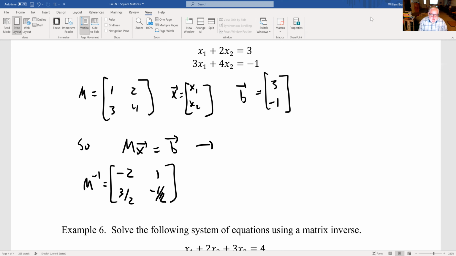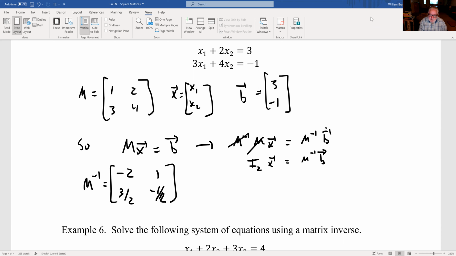So if we multiply both sides, these become the identity matrix. It's an arrow over the B. And the identity matrix times any other matrix is just equal to the matrix itself.